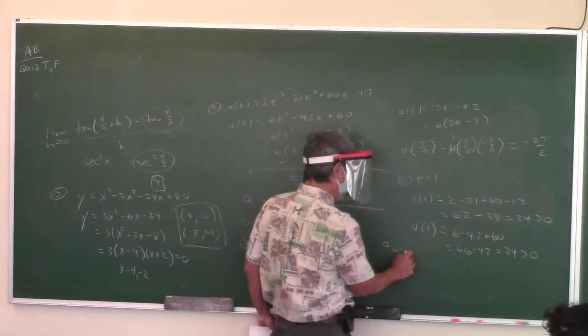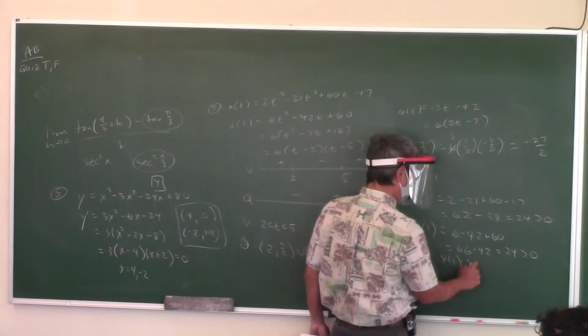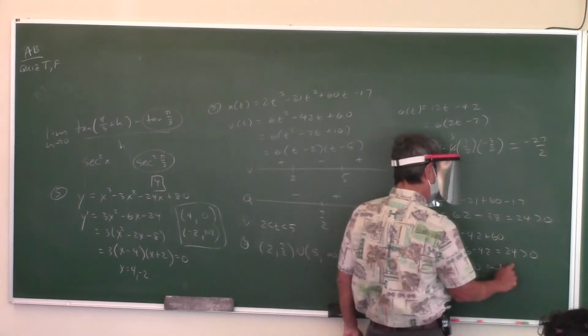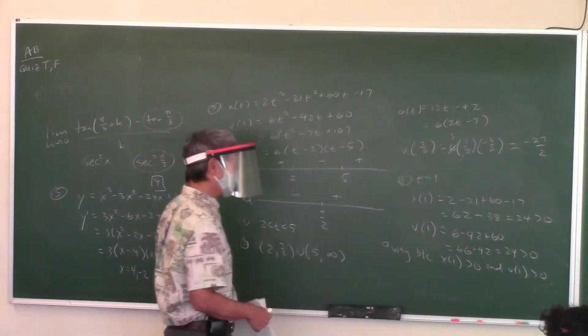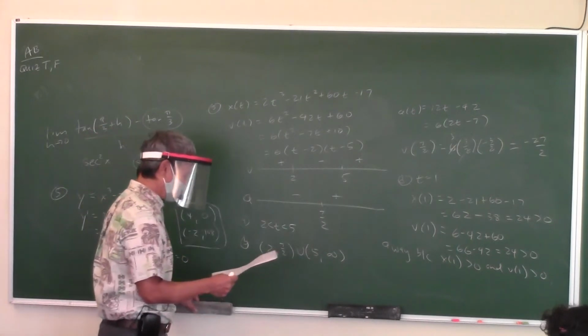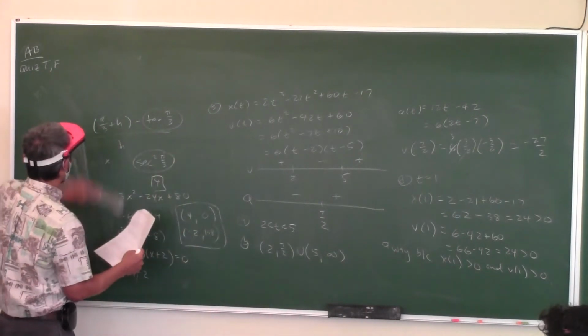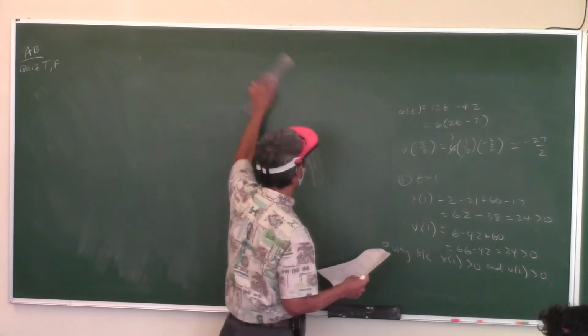So it's moving away because x of 1 is positive and v of 1 is positive. That's what you need to say. And then number 6, it's the same questions except you just do it on your calculator.